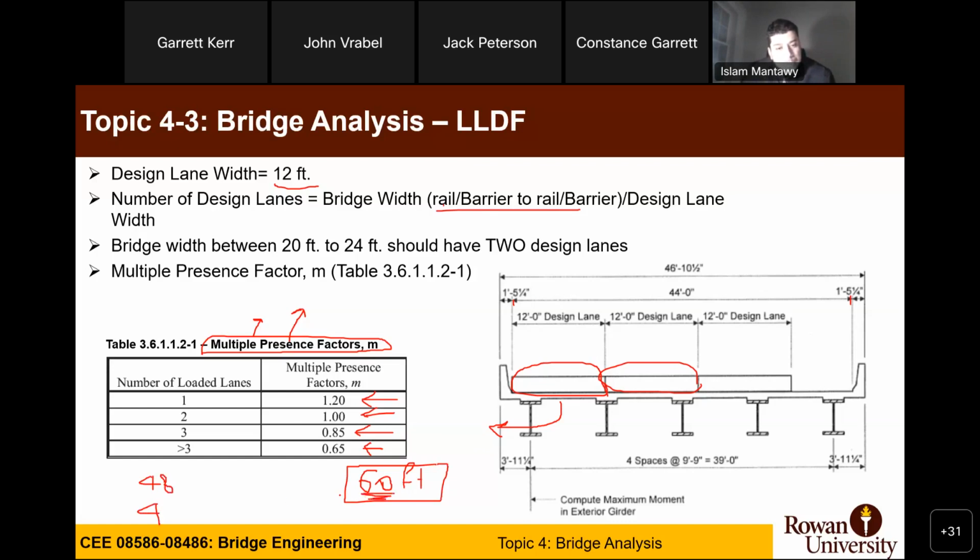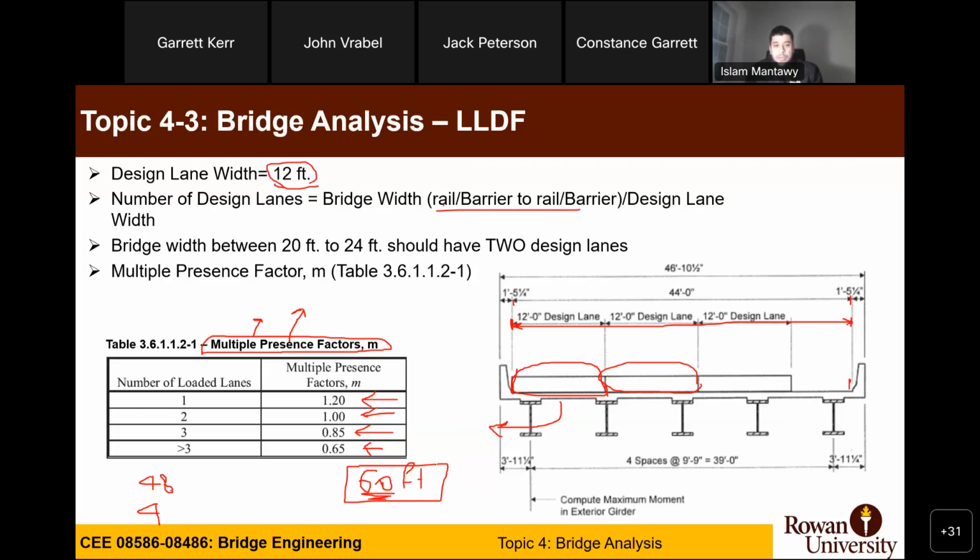Well, when I go to the end of the bridge, each side would be all the way to the end of the actual width. So if I assume this distance is 60, then 5, correct? The easy way to calculate it is just to get the distance from edge of the barrier or the rail to edge of the barrier or the rail and divide it over 12, correct?